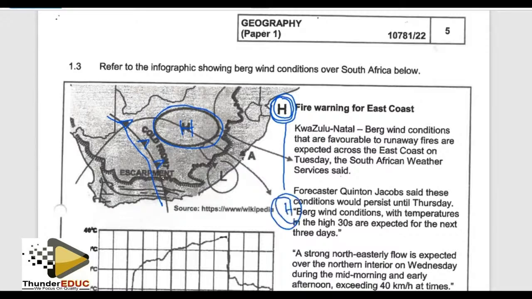The mid-latitude cyclone could be somewhere here in summer. Then in winter, they move northwards, close or towards the land. So that's why we are now seeing the mid-latitude cyclone over the land here. We see the South Indian high pressure cell, which has well moved northwards over the land.